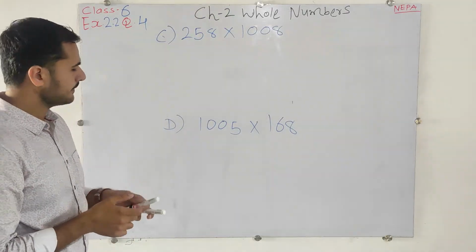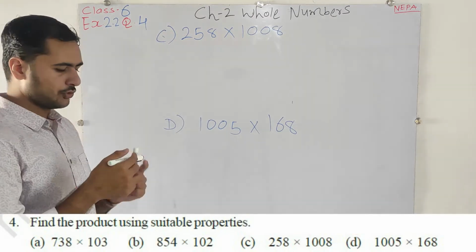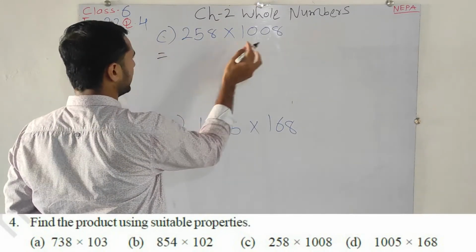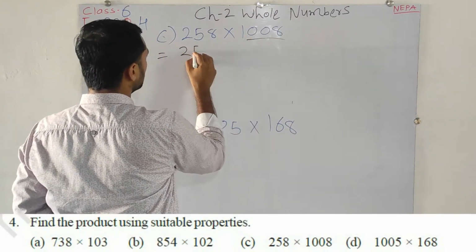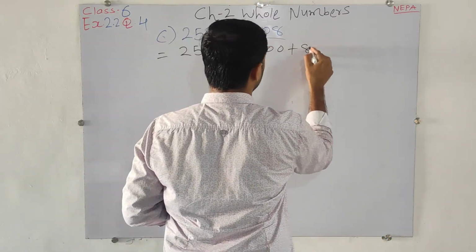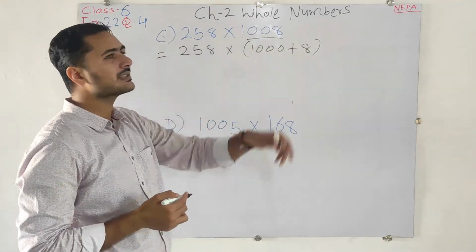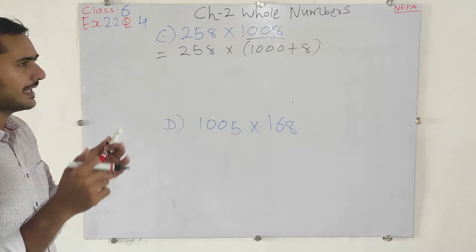Now the sub question C, that is 258 multiplied by 1008. Okay, so again I am just going to split this 1008. How will we do? 258 multiplied by 1000 plus 8. Can you write this? Yes, of course we can, because 1000 plus 8, that is 1008. So I just split that.